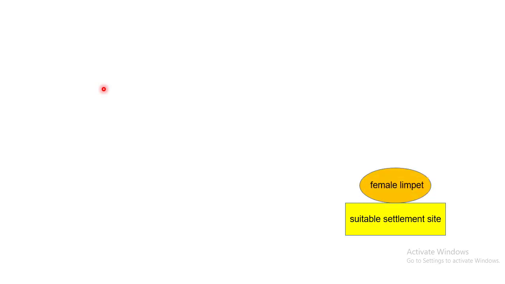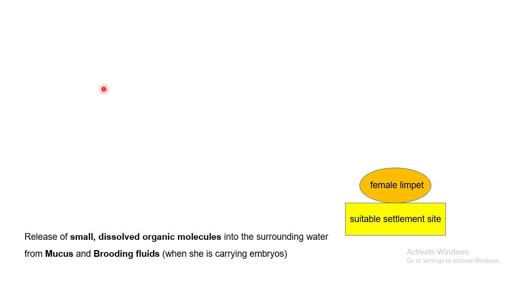Now, why does this happen? If you look at the start of the journey, whenever there is a suitable settlement site, the female limpet goes and settles on that particular site. When she sits there, she has to attract other larvae to herself, and to do that, she releases small dissolved organic molecules into the surrounding water.